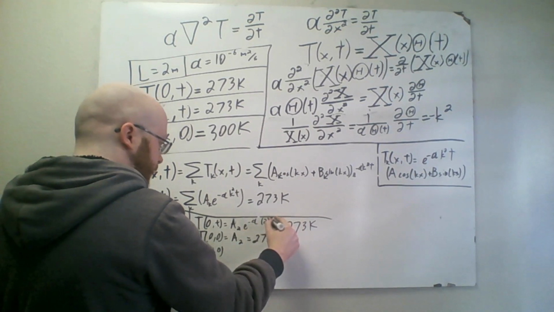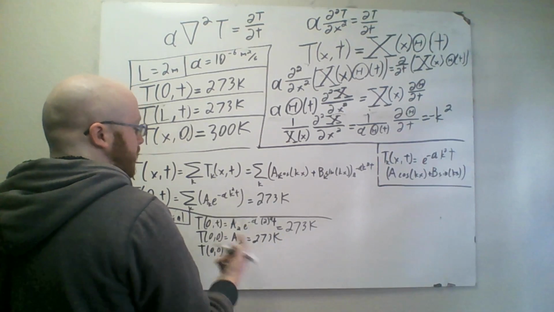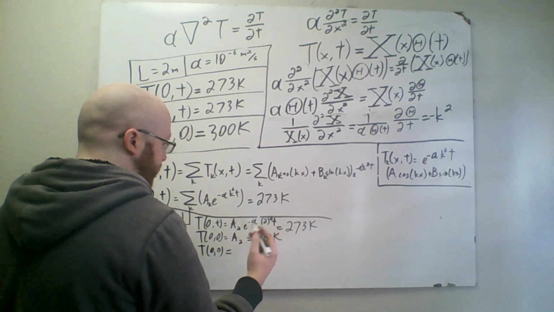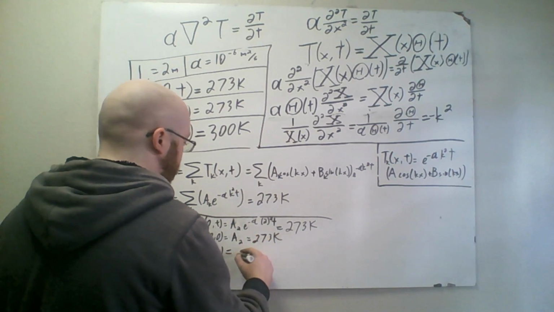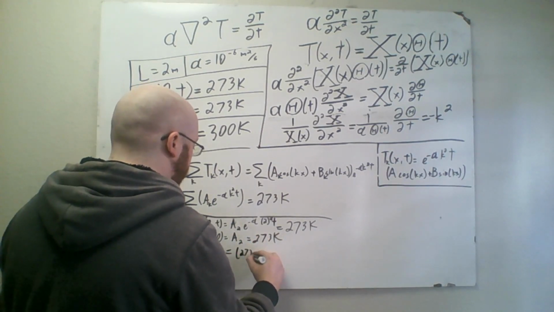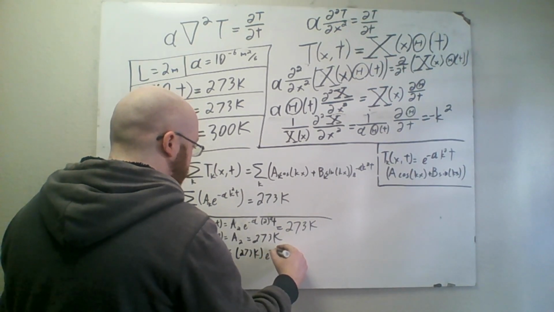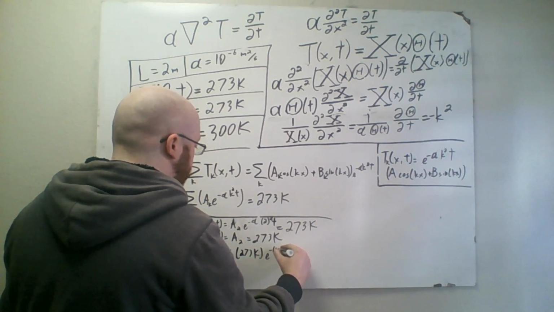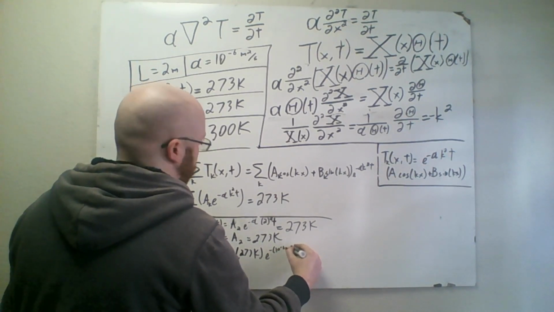So A2 has to be this because I plug in 0 for this. But if we calculate, say, T(0,1), this becomes 273 Kelvin times e to the negative 10 to the negative 6 meters squared per second.